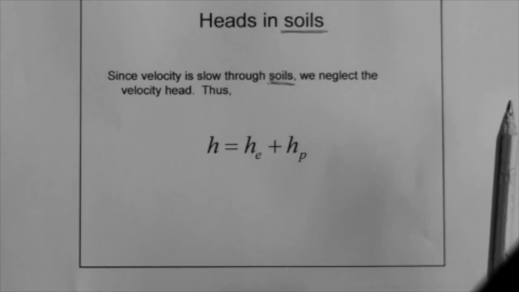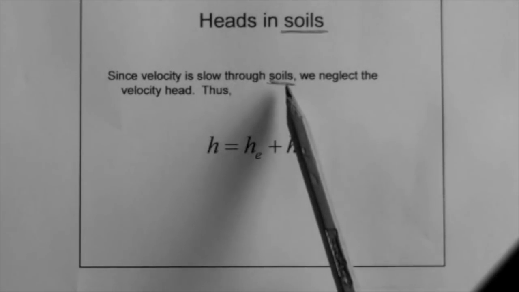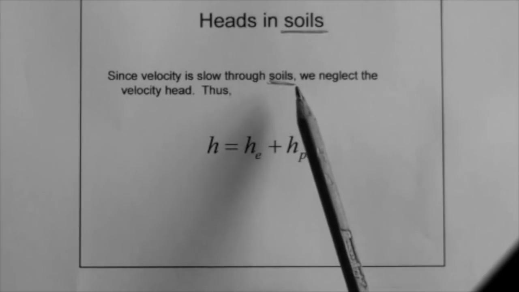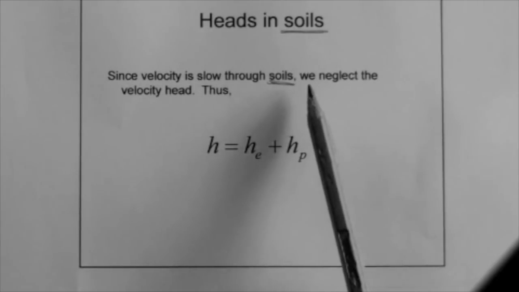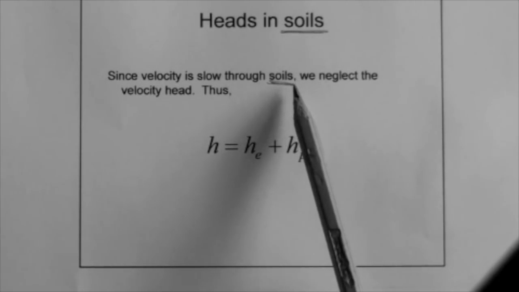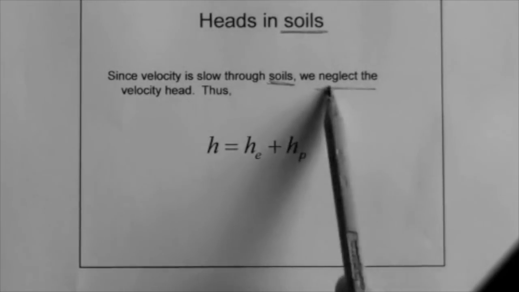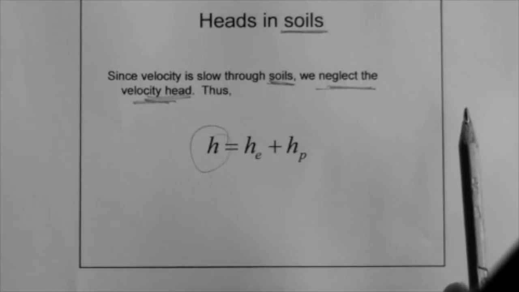When we have drains, filters, etc., even in nature, because the water has to grind against a lot of surface of the particles when it goes through a soil, the velocity is very low. So what happens is we neglect the velocity head for total head calculation in soil.